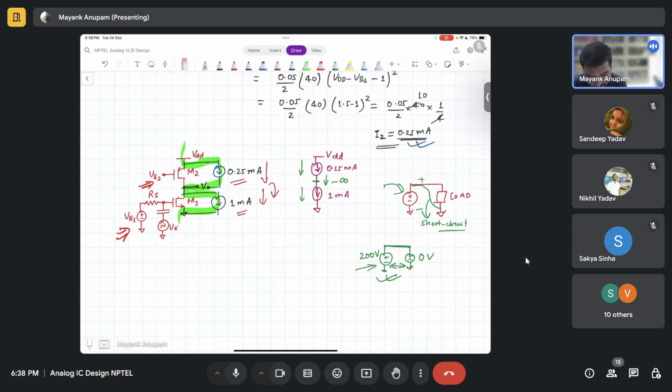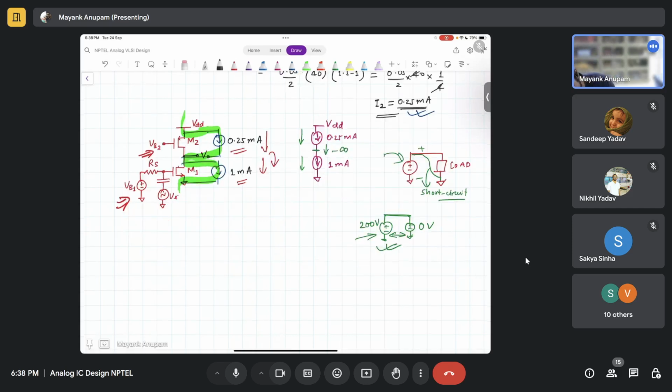Because now the M1 transistor is in the linear region. So okay, let me write it.